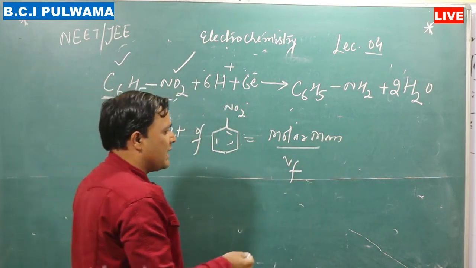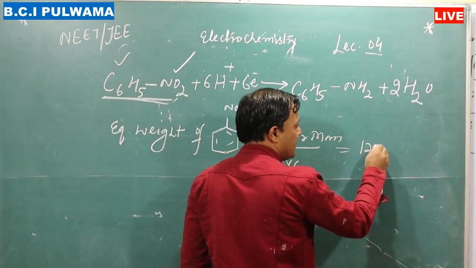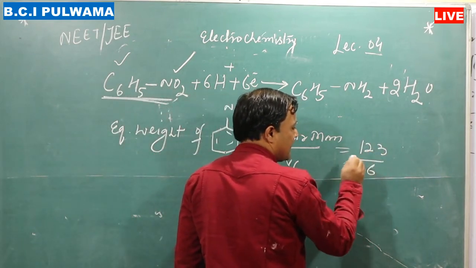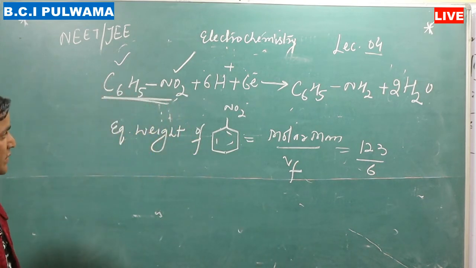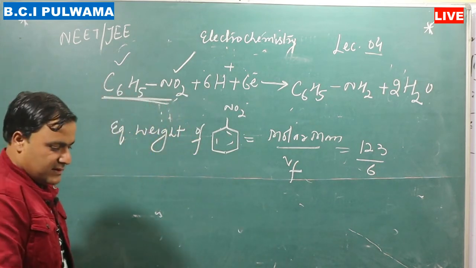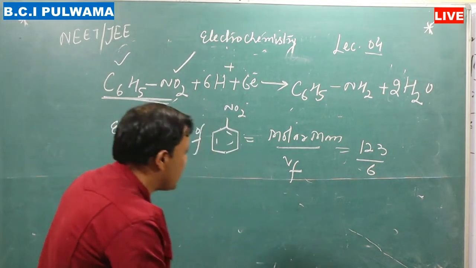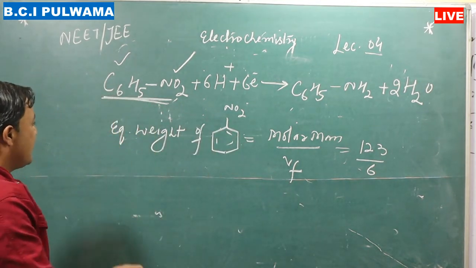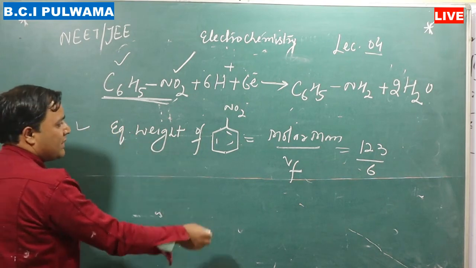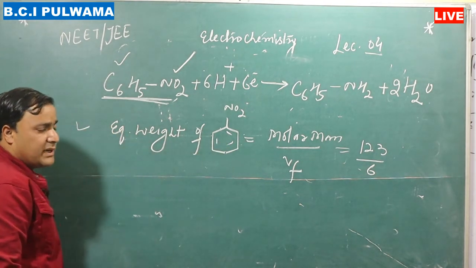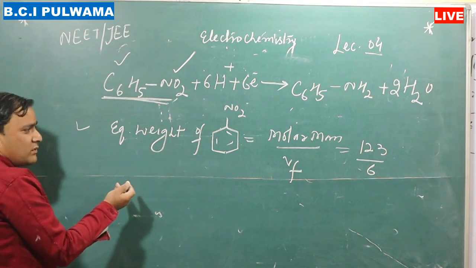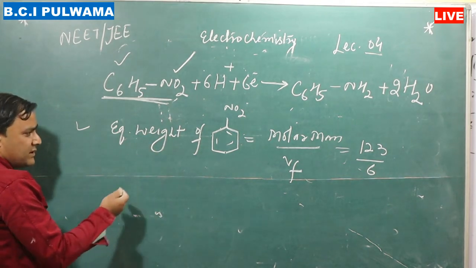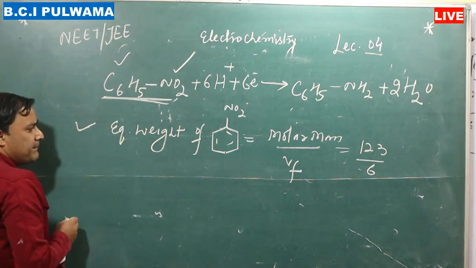Its molar mass is equal to 123 grams, divided by the valency factor, which is equal to 6. So the equivalent weight of nitrobenzene is 123 divided by 6 grams.